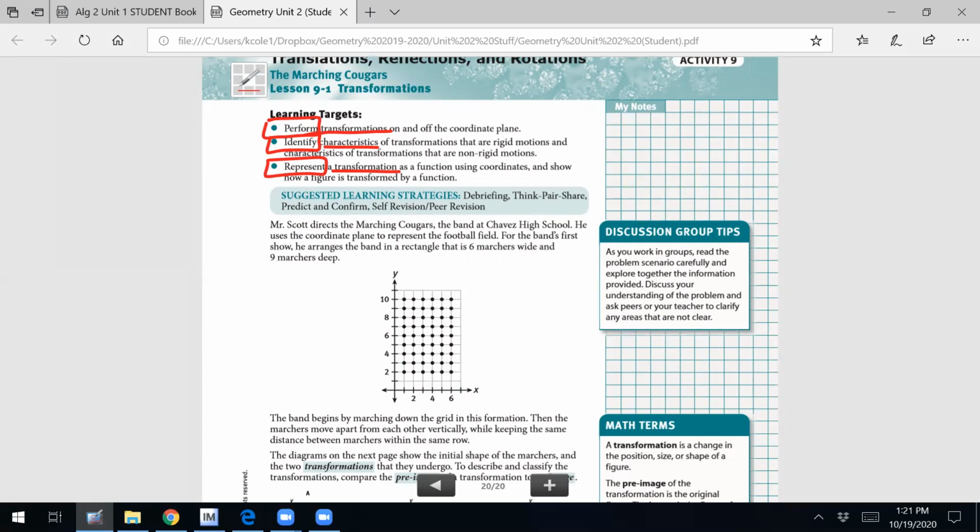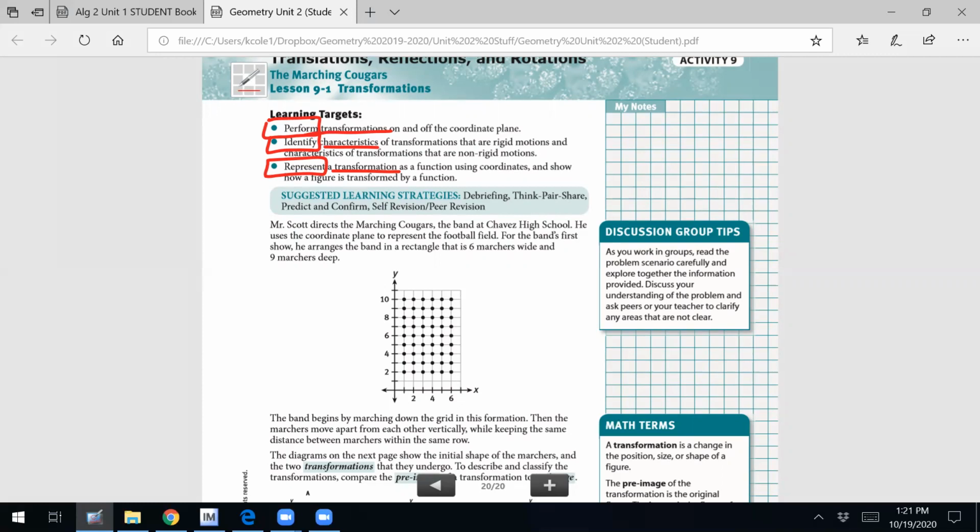So it says, Mr. Scott directs the Marching Cougars, the band at Chavez High School. He uses the coordinate plane to represent the football field. For the band's first show, he arranges the band in a rectangle that is 6 marchers wide and 9 marchers deep. So each of those dots represents a band member, and that is their formation.